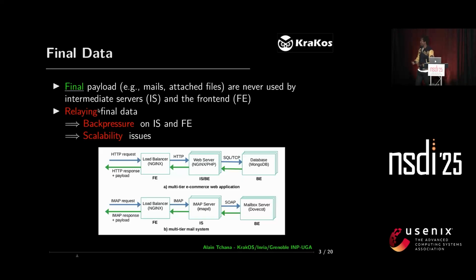The problem is that by relaying this final payload, we offload some load onto these intermediate servers, and this is not necessary. So what we want to do is avoid relaying this final data. If we know that some data will not be modified or read by these servers, we can bypass them. This is the basic idea.